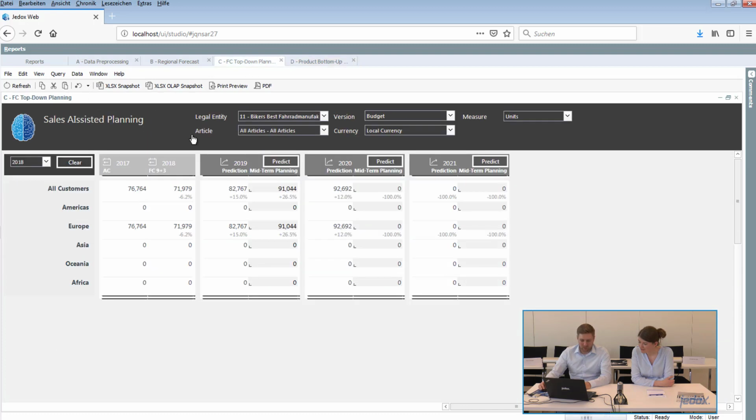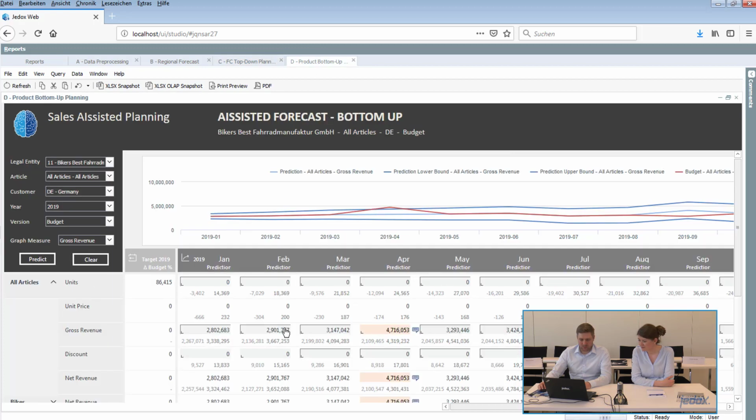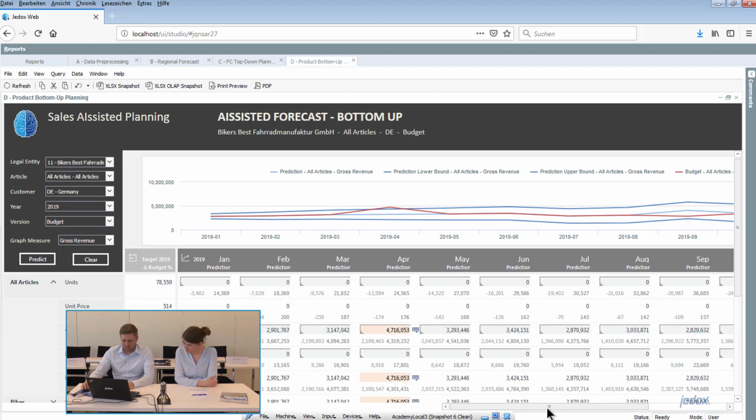So we go back, and we're not only planning units, we are also planning net revenue. And we copy it. And we have this as a target. And the outlier is pointed out again here in orange.